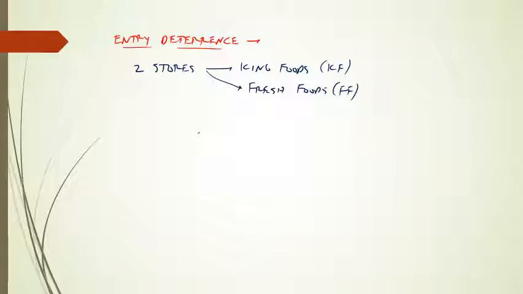Our goal here is to figure out whether or not King Foods can do something to deter entry. So what we're going to do is set up profits and scenarios. Let's suppose King Foods can either build one or two stores in a new town.